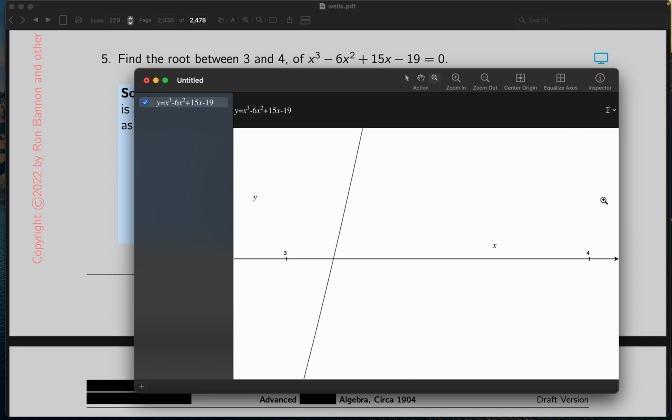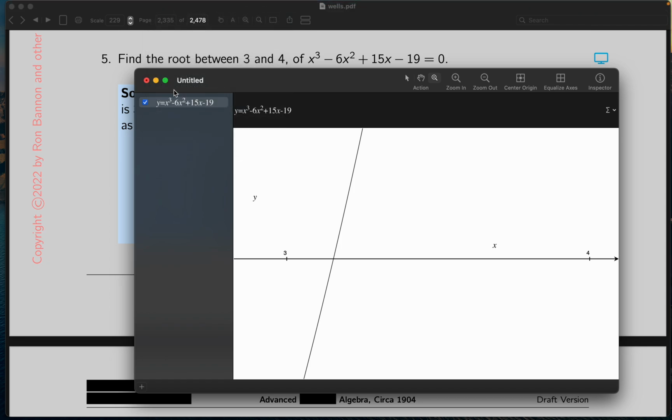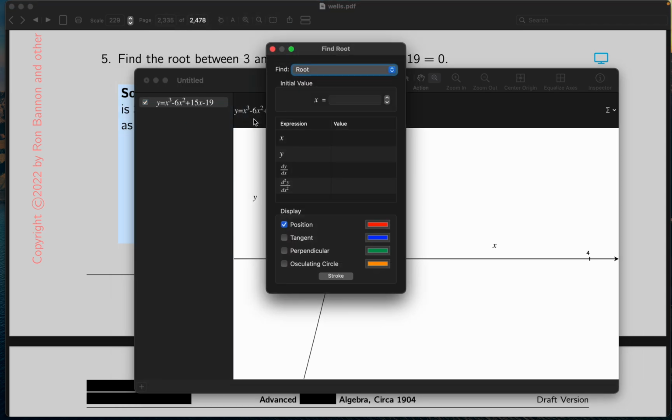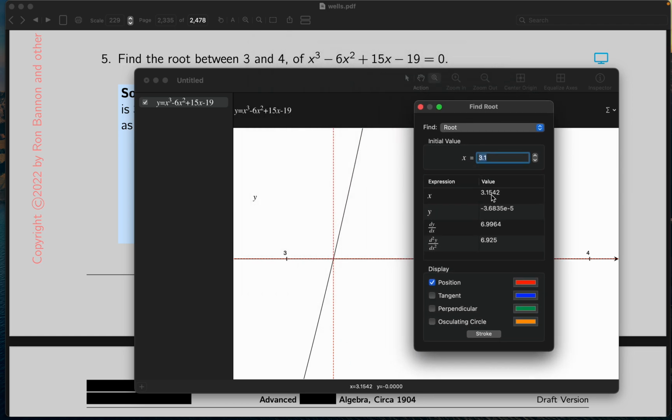What I want to do is use the software to find the root. Let's see what we got here. We're going to go to the equation, find root. I'm going to tell it the root is approximately 3.1. Hit return. Again, I'm looking at an approximate value of the root.